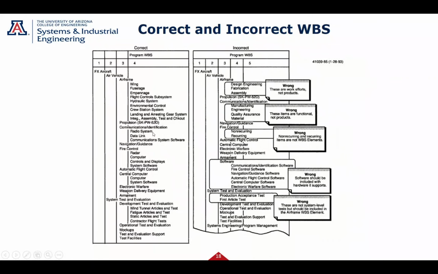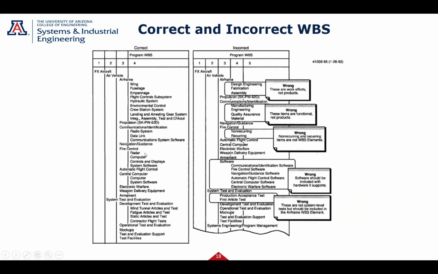Communications here, the radio link, the data link, the software, nice packages. Versus over here, calling the communications manufacturing, engineering, quality, and material. Those are organizations. Those aren't work packages or products. So you have to be careful. Fire control.